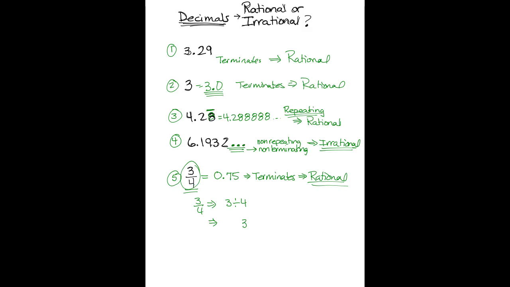So how do we know 3/4 is 0.75? It's division. So 3/4 is 3 divided by 4. And I'll set that up as 3.00 divided by 4, right? So we know that 7 times 4 is 28.